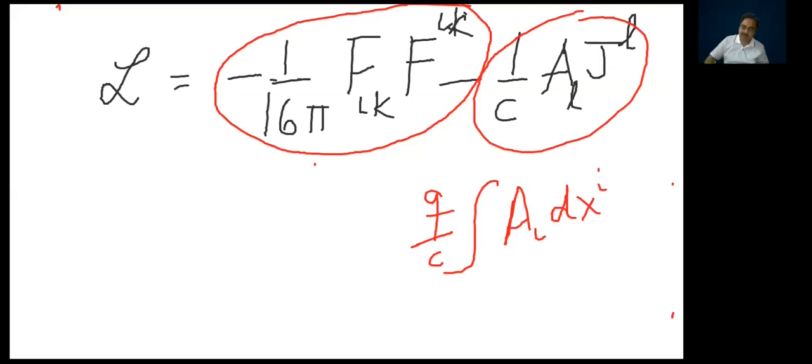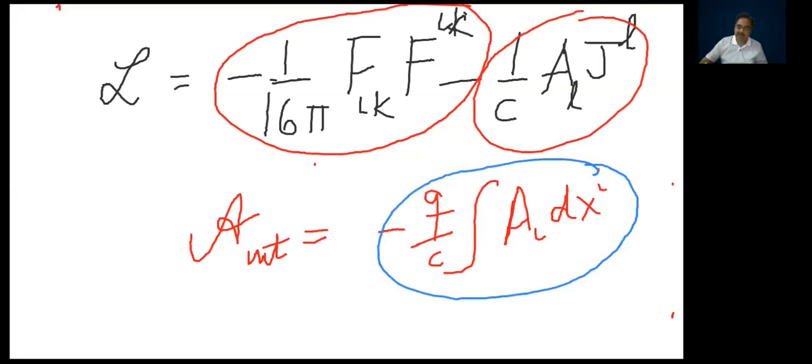Now remember that this was the action for the interaction part, which I discussed last time. So from here, one can easily see that this term is again giving rise to this term in the Lagrangian.